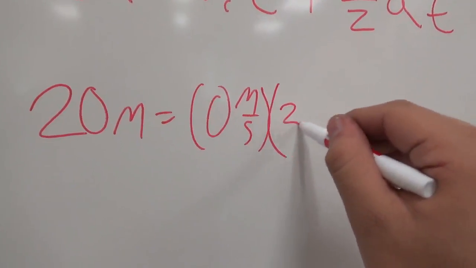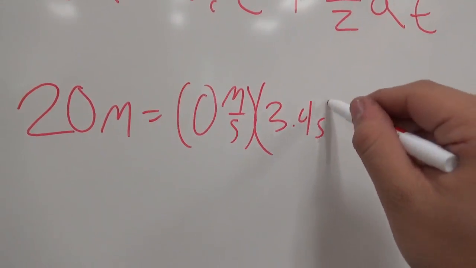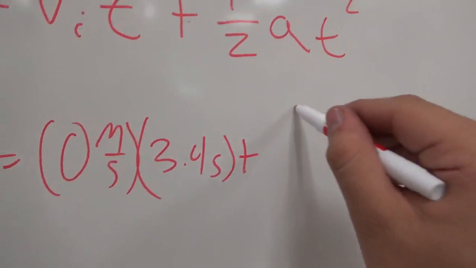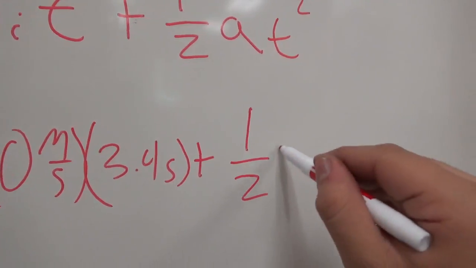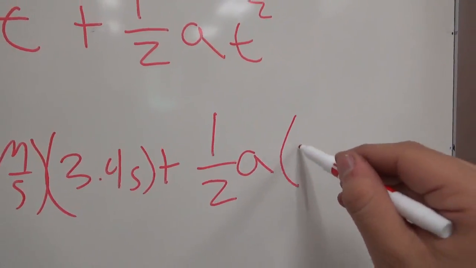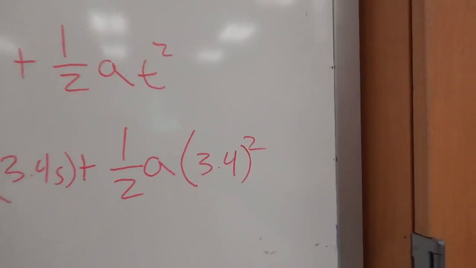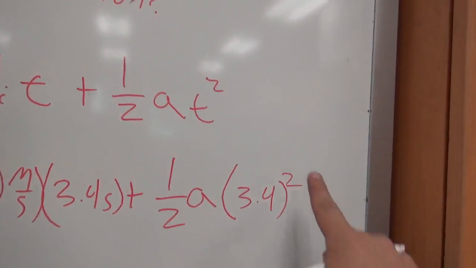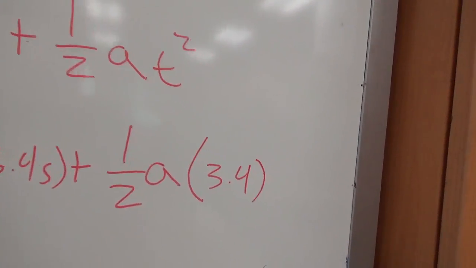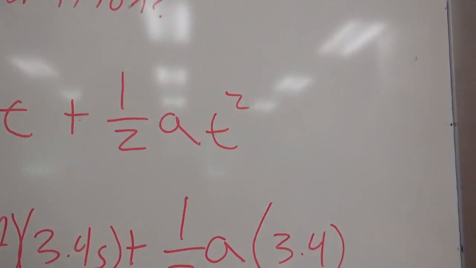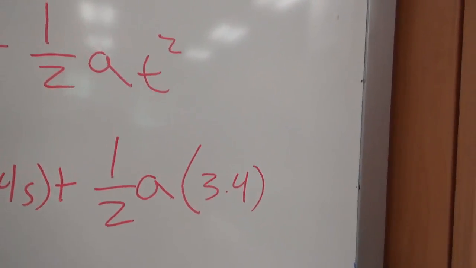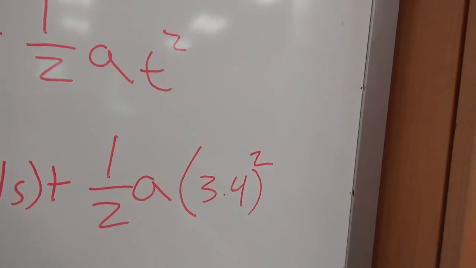My time is 3.4 seconds, plus 1/2 of my acceleration multiplied by 3.4 squared. Usually at this step, students forget to write that down, and that's where they forget the squared in there. They usually forget to bring it in right there.